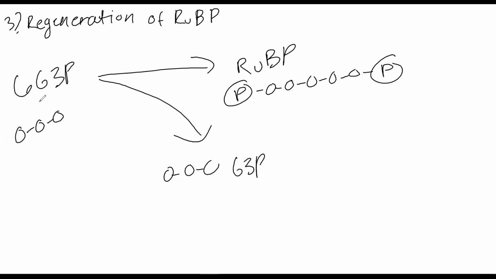Every 3 cycles, we're allowed to regenerate RuBP because we need 6 G3P, right? So if we need 6 of them and each cycle produces 2, we need to run the cycle 3 times in order for us to have 6, and then the 6 can become RuBP and spit out a G3P into our sugar. Okay, thank you. I'm just going to copy it real quick. Yep.